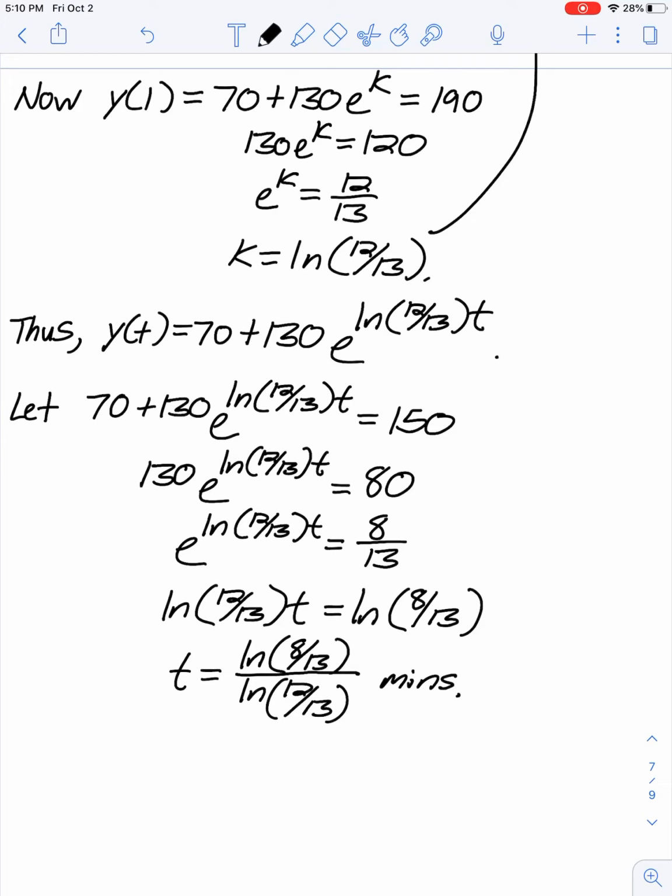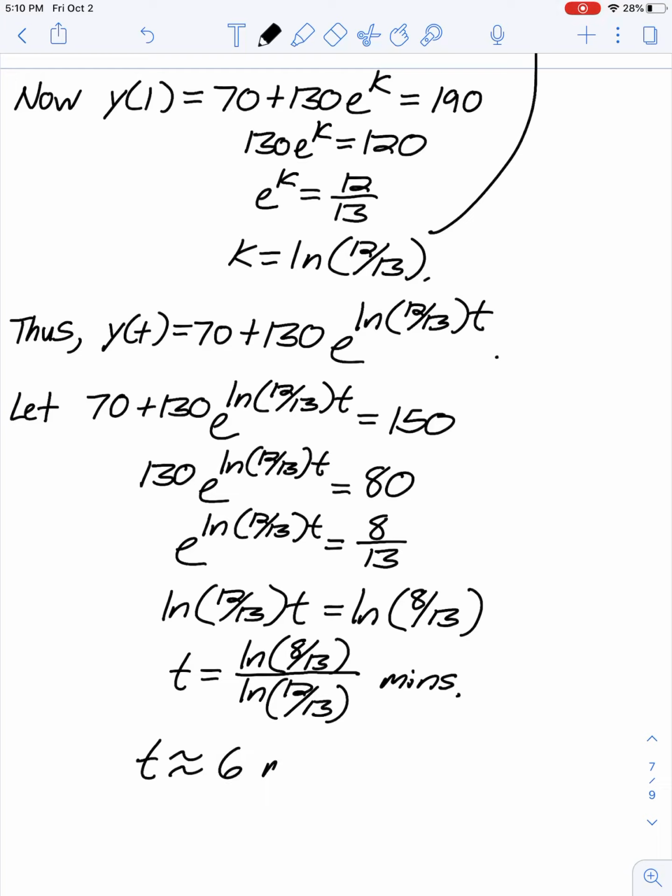Now, of course, for practical problems such as this one, if we were asked for a time at which our coffee is cooled to a certain temperature, we would not want to give our answer in this form. We wouldn't say, well, after natural log of 8/13 over natural log of 12/13 minutes, but we might use a calculator to approximate this value to the nearest minute.